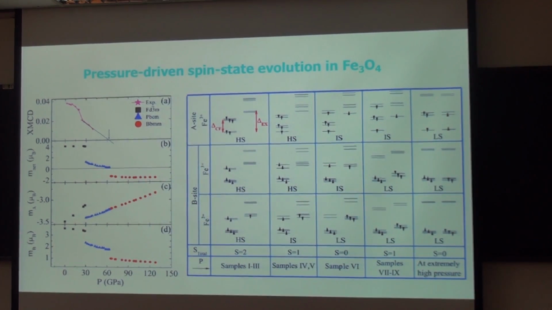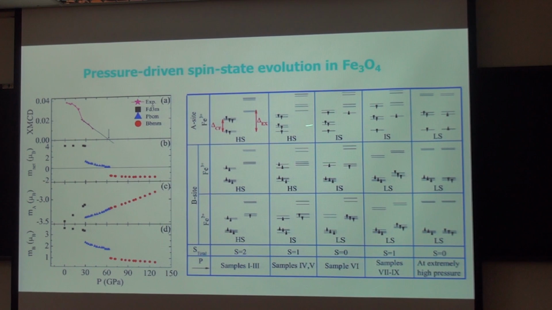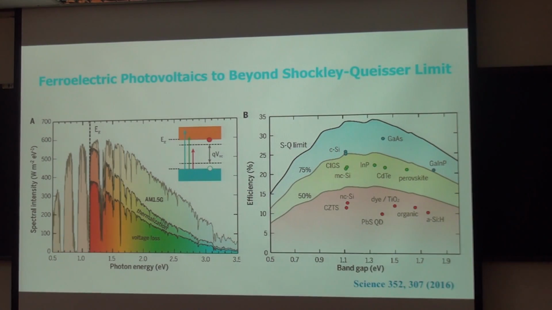So this is an example of our first principles calculation of the pressure dependence of crystal structure and electronic structure in magnetite. Finally, I will introduce our recent work on ferroelectric photovoltaics.